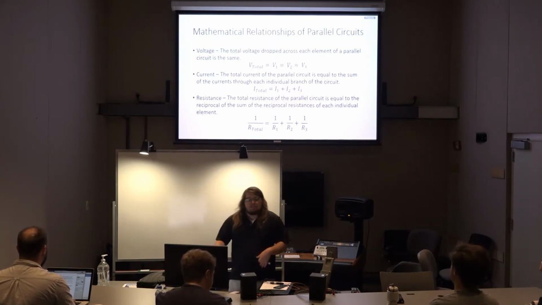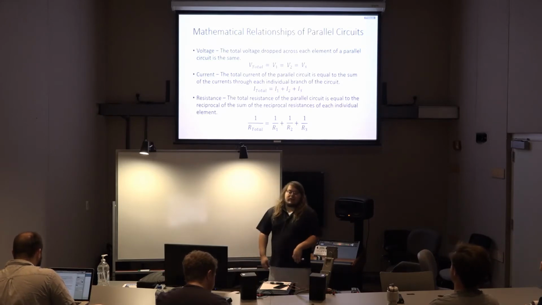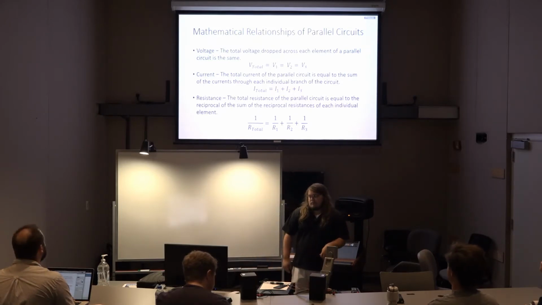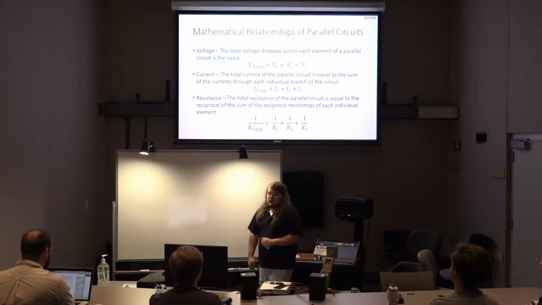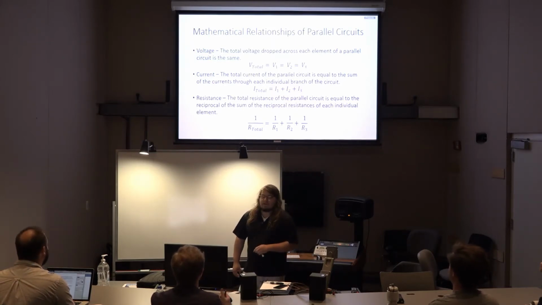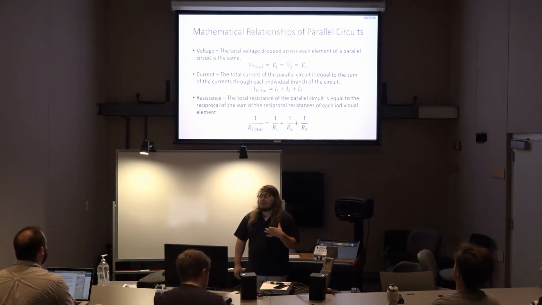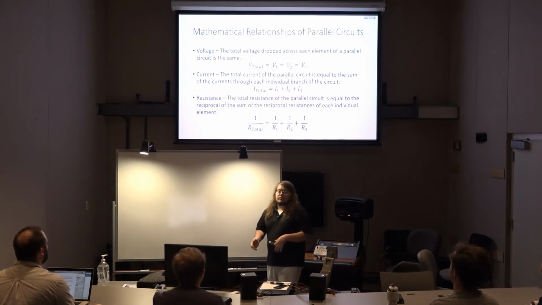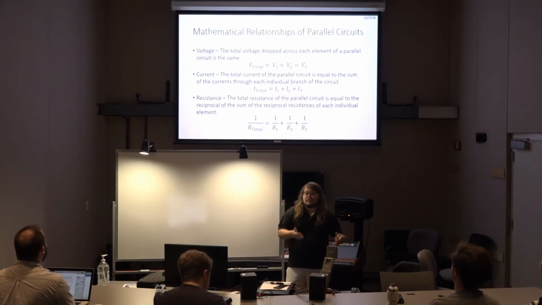Now, the last part, the resistance, this is the part that it's really fun to say because it sounds very scientific. The total resistance of a parallel circuit is equal to the reciprocal of the sum of the reciprocal resistances of each individual element. That's a little bit much.